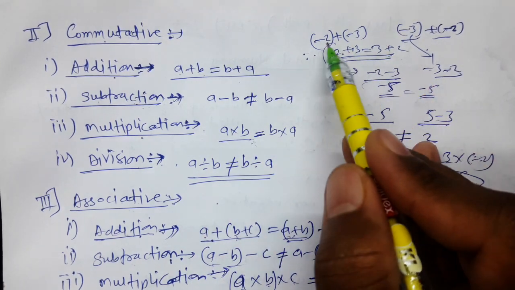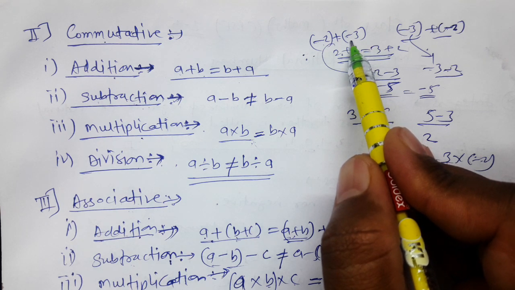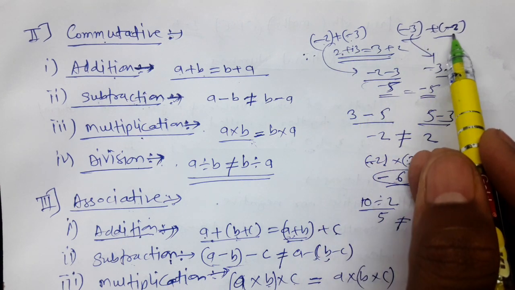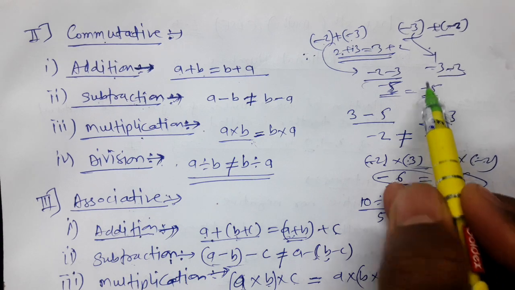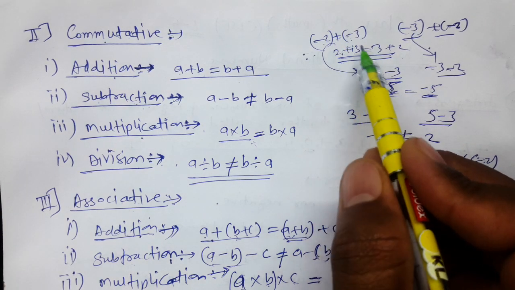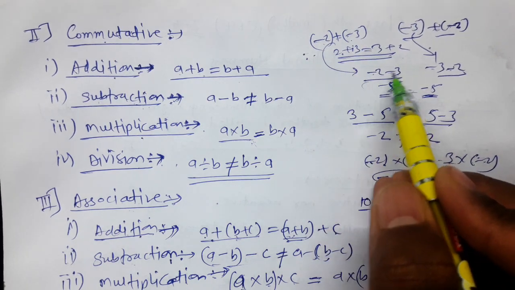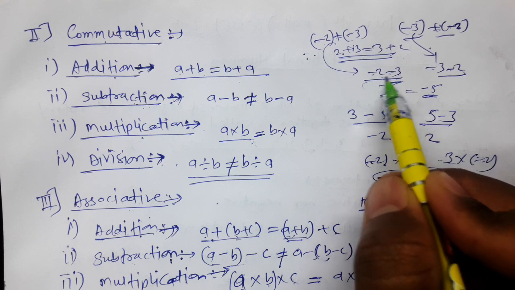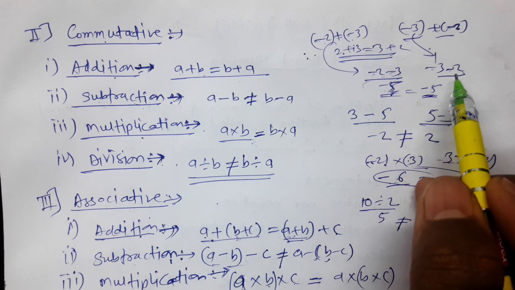Let us take one example. -2 and -3 are integers. If we add -2 plus -3 or -3 plus -2, in both cases we get -5 as the result. Plus into minus will be minus. -2 -3 will be -5. Same sign is there, so we add them and put the sign of the greater number, -5.